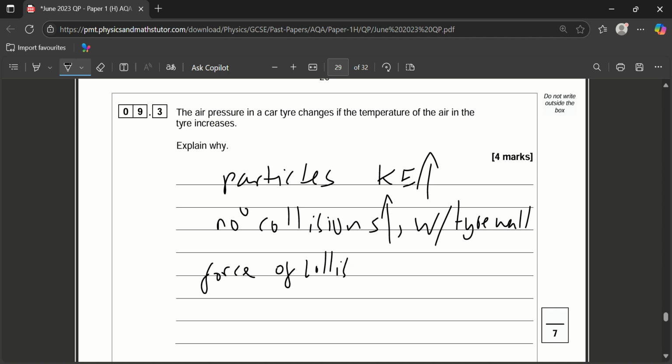And we also know that the force of these collisions also increases too. Force of collisions rises.